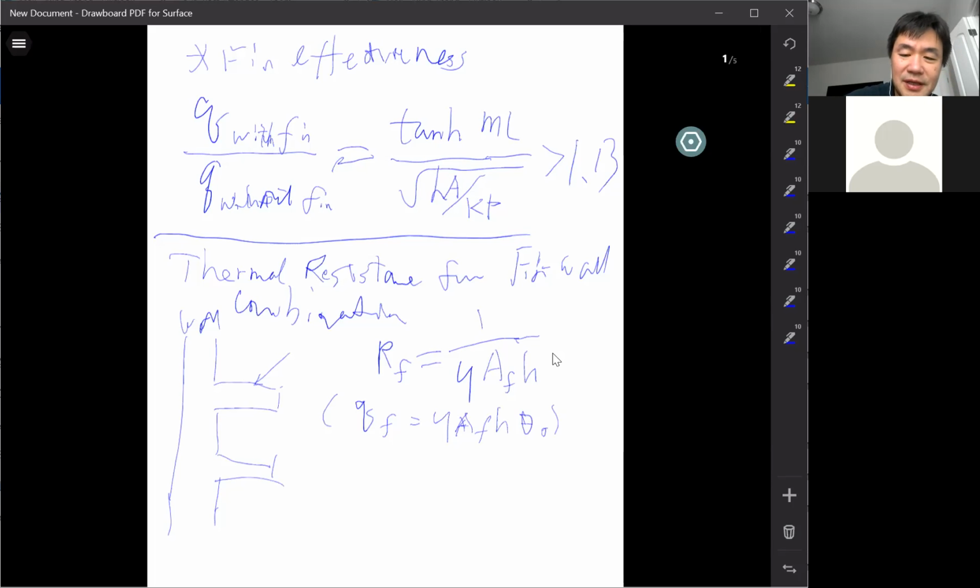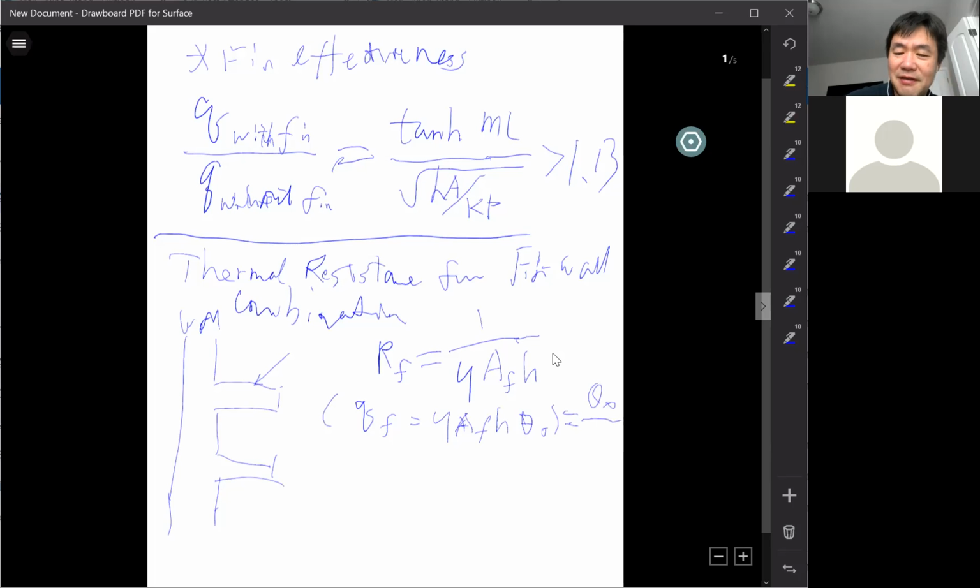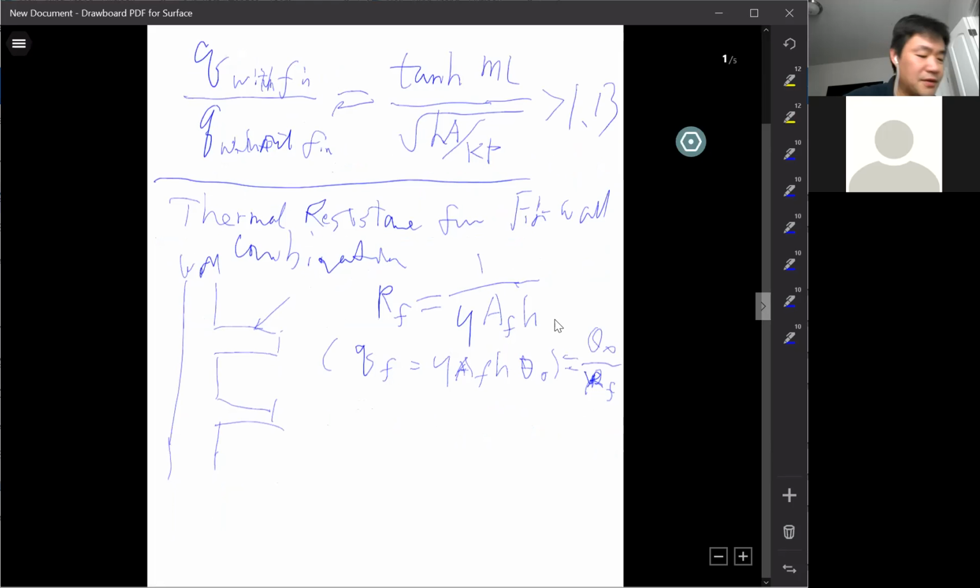So theta is actually delta T. Be familiar with the idea of theta. You previously probably used temperature all the time, but in writing, people always use theta. All over RF, right? So RF is the first component.